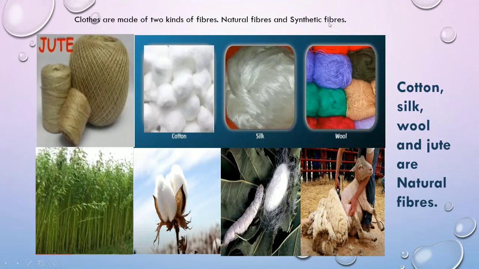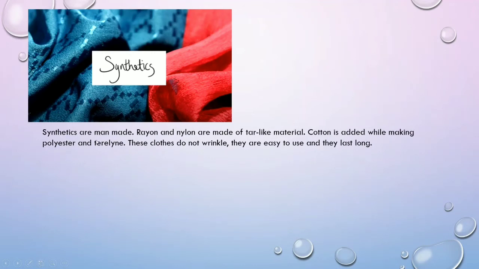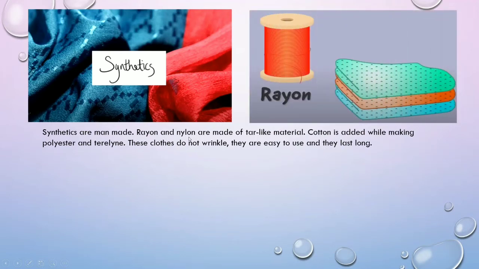What about synthetic fibers? Yes, synthetics or artificial fibers. Synthetics are man-made. That is, they are not got from plants or animals. Rayon and nylon are made of tar-like material.